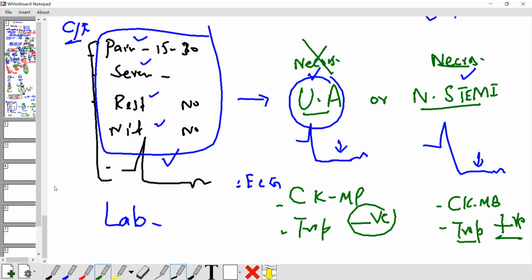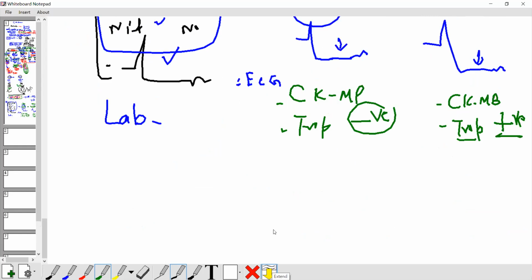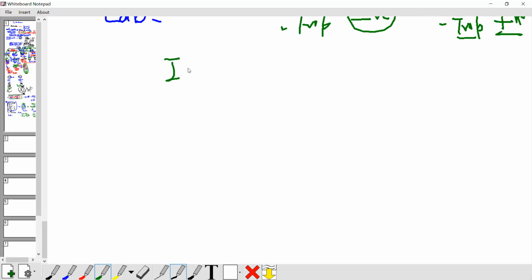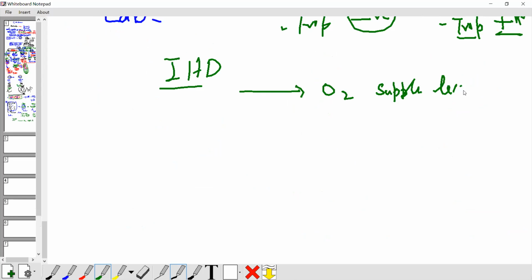So why do you need differentiation here? Because the treatment plan is totally different for MI and for unstable angina. For unstable angina, I just have the main key drugs. What's the principle? In ischemic heart disease, oxygen supply is less, and the demand for oxygen is very high.